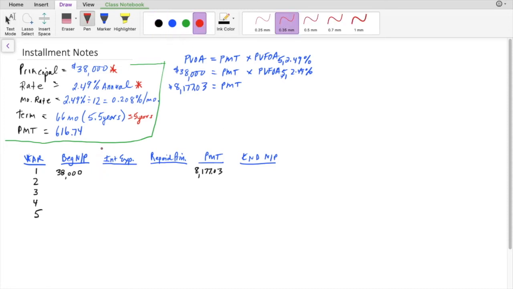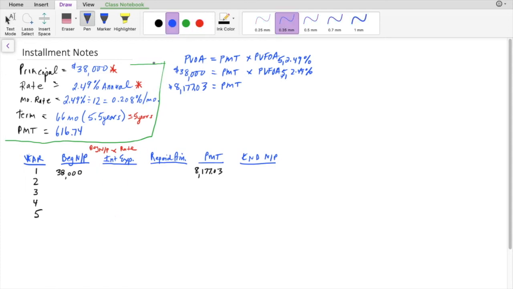Well, I take my beginning note payable balance, and I multiply it times the rate. So in this case, I'm going to take my $38,000 and multiply it by 2.49% annual interest.